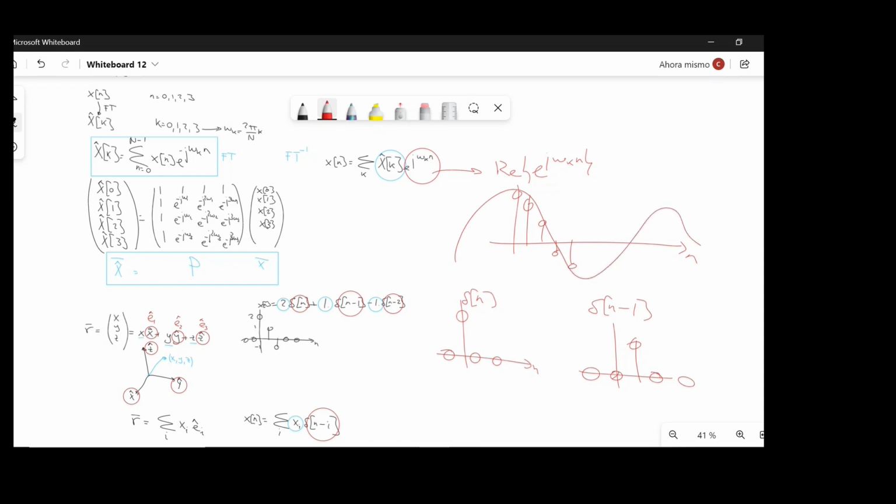Actually, we know what the real part of this is. It is the cosine. And the same for the imaginary part. So my basis function now is complex, but apart from that, it is the same as we are doing all the time.